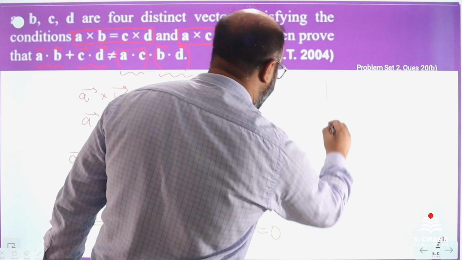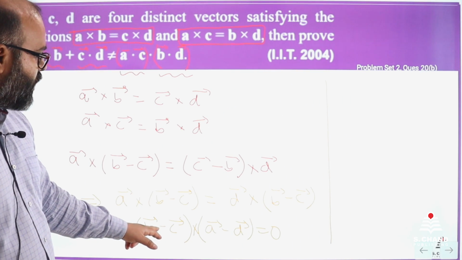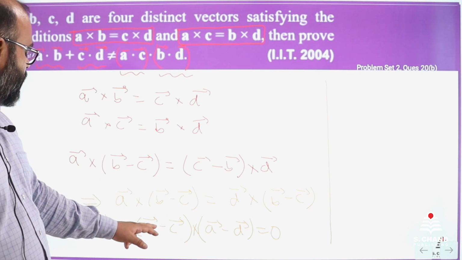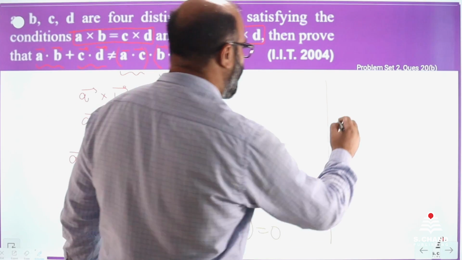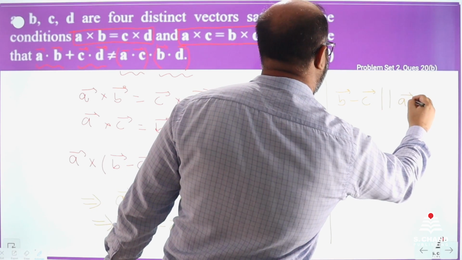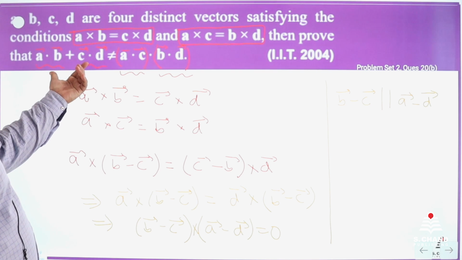In the next step, if the cross product of this vector and this vector is 0, then it means that these are parallel to each other. So b minus c is parallel to a minus d, right? And this is what we have to prove here.